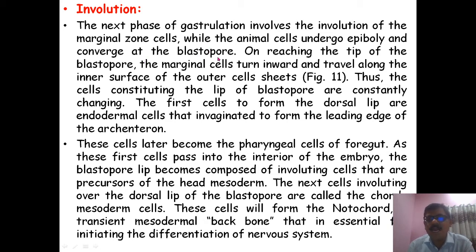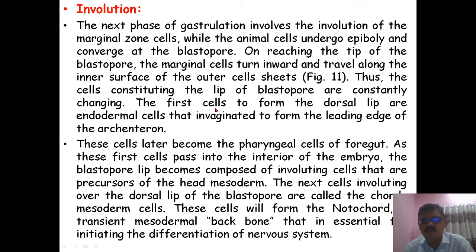Why? Because at this time the dorsal lip, lateral lip, and ventral lip are forming. On reaching the tip of the blastopore, the marginal cells turn inward and travel along the inner surface of the outer cells. The cells constituting the lip of the blastopore are constantly changing.